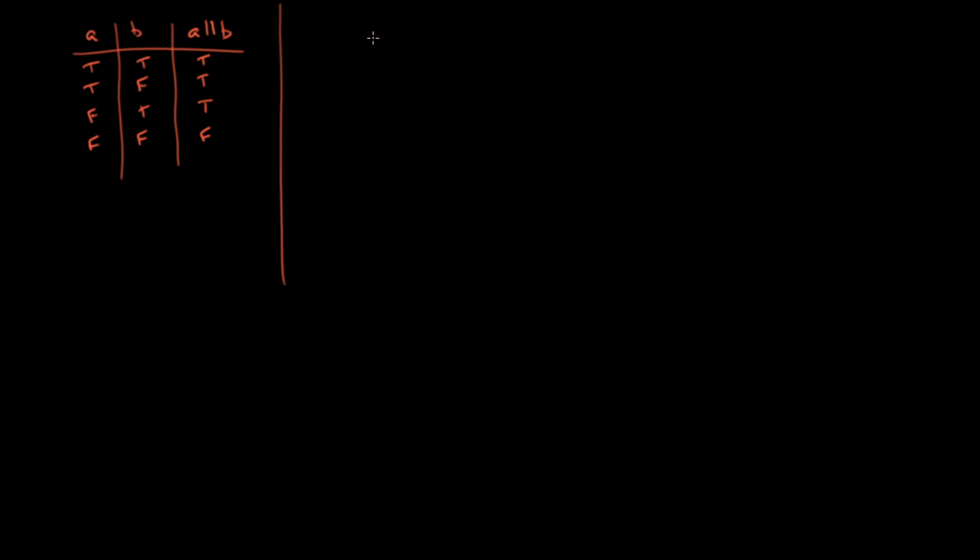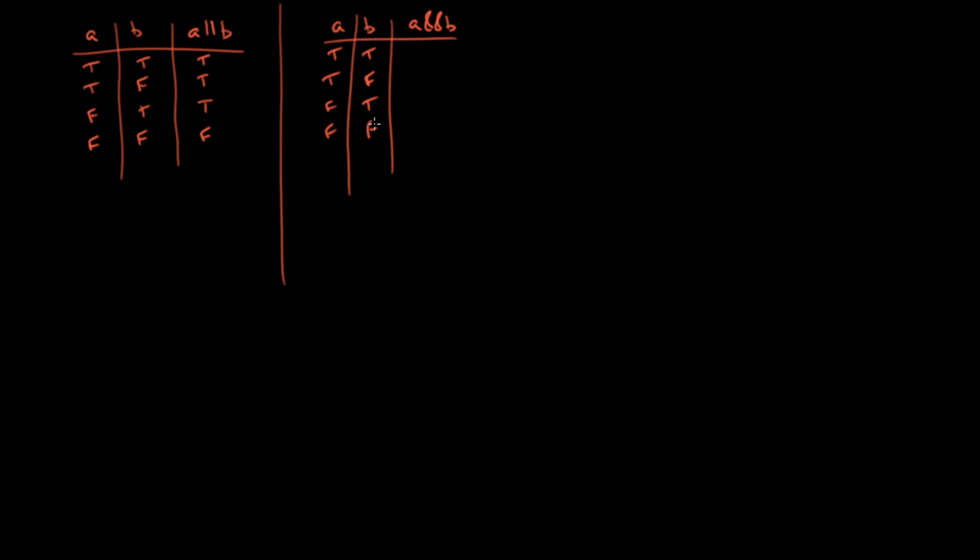Let's look at another quick example, a truth table for A and B. If I have A and B as my inputs, and then my output being A and B, then we're going to have the same inputs again: true and true, true and false, false and true, and false and false. Now we know that A and B is only true whenever both A and B are true.